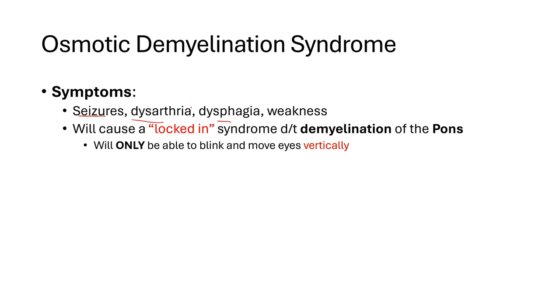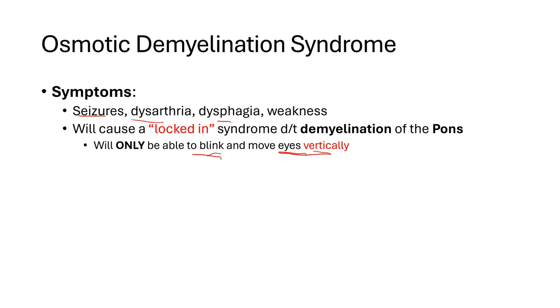And for this reason, this individual will be locked in with the inability to move their extremities and even their neck, but they will still be able to blink and move their eyes vertically. Since the midbrain and the upper brainstem are intact, that is the area that does blinking and the vertical eye movements.